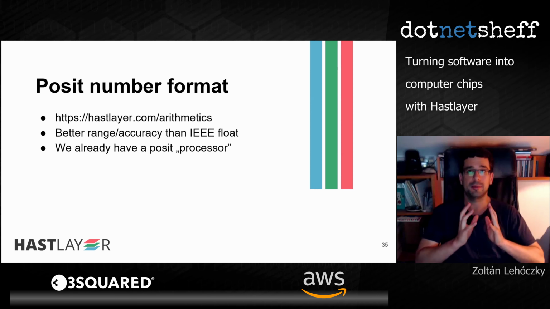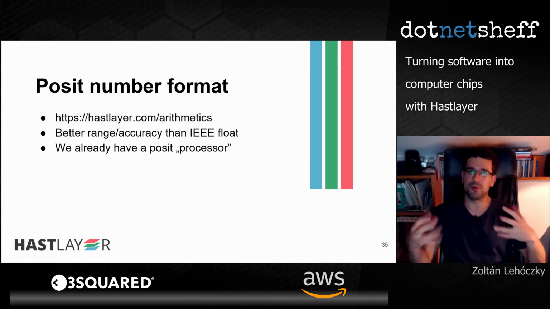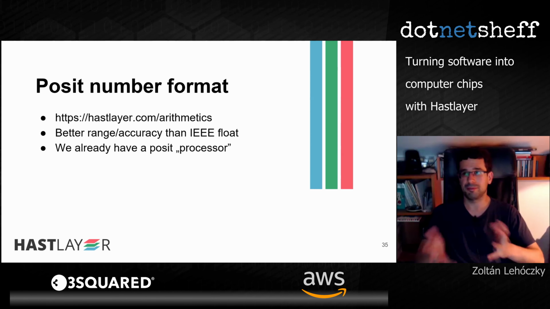But it aims to be better. So it provides more accurate answers, more accurate numbers with the same amount of bits. Or to put it otherwise, you can use fewer bits for the same kind of accuracy, which translates to speed and storage benefits.